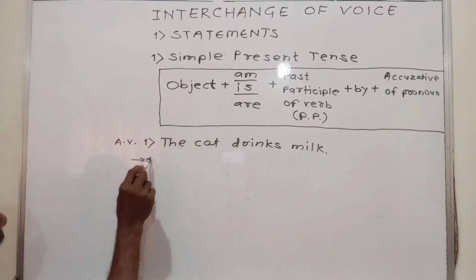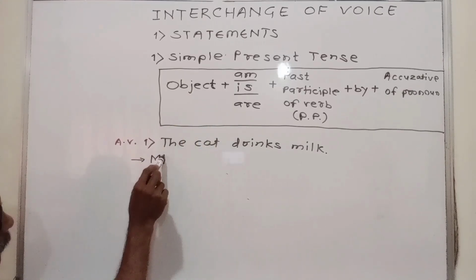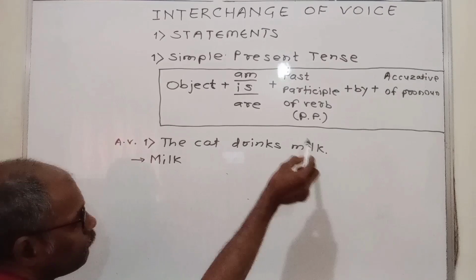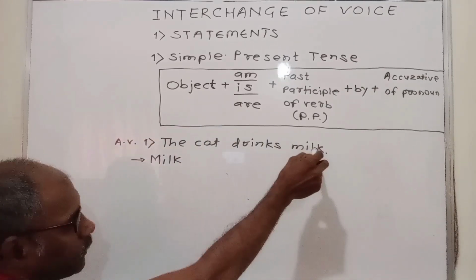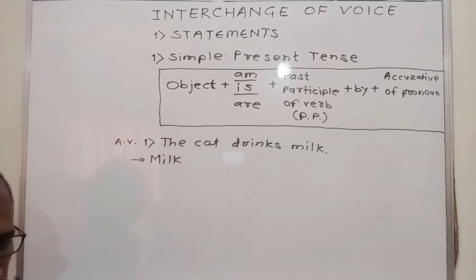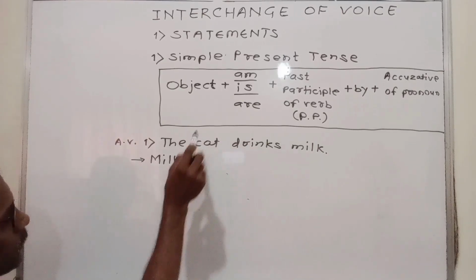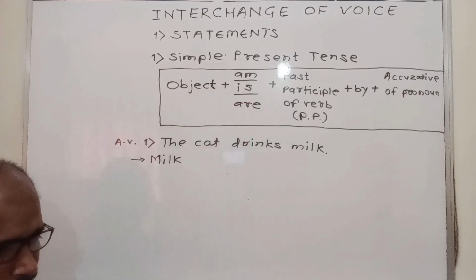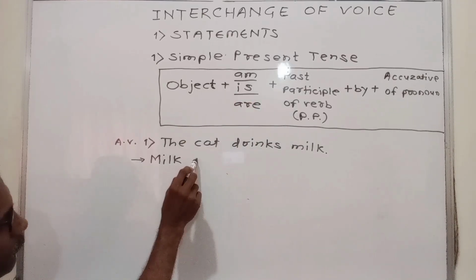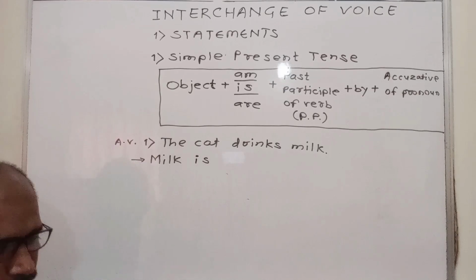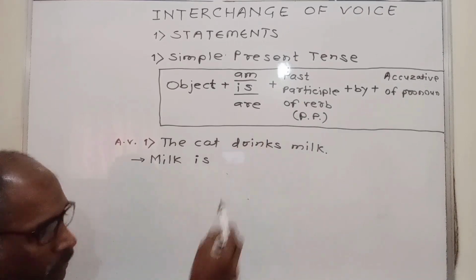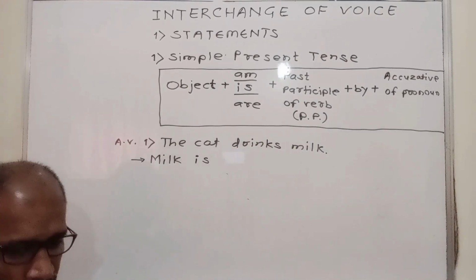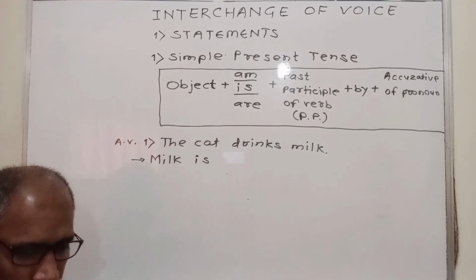So object first means this object becomes subject. Object becomes subject. Did you get it? Object first, then am, is, are: instead of this, milk is. Then past participle of the verb. Which is the verb? Drinks is the verb.